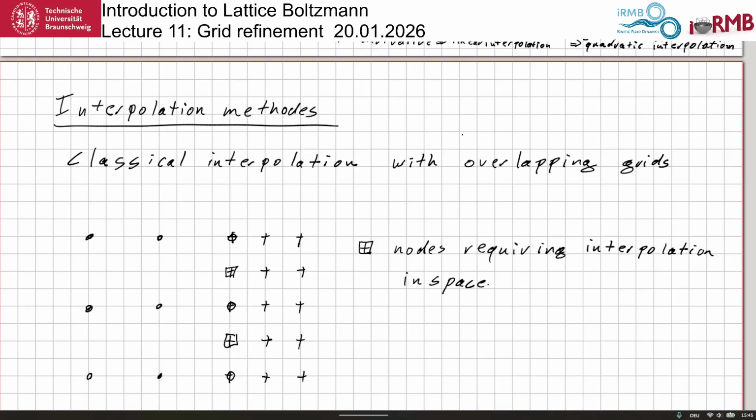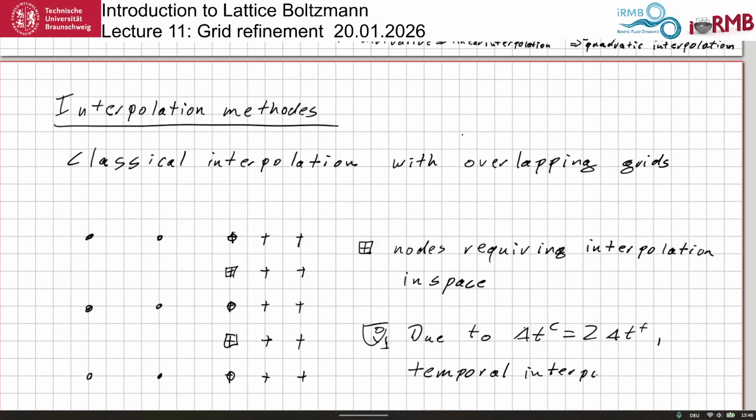In space is important because all of them require interpolation in time. And this is because the time steps don't match. Because delta t coarse is 2 delta t fine, temporal interpolation is always required.